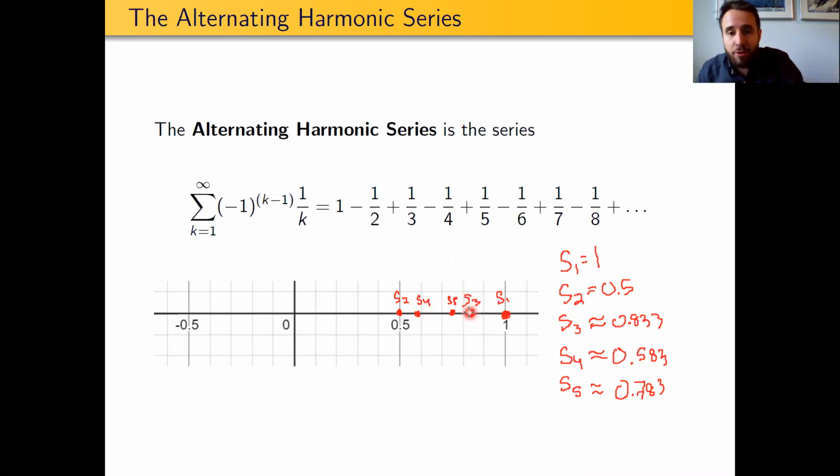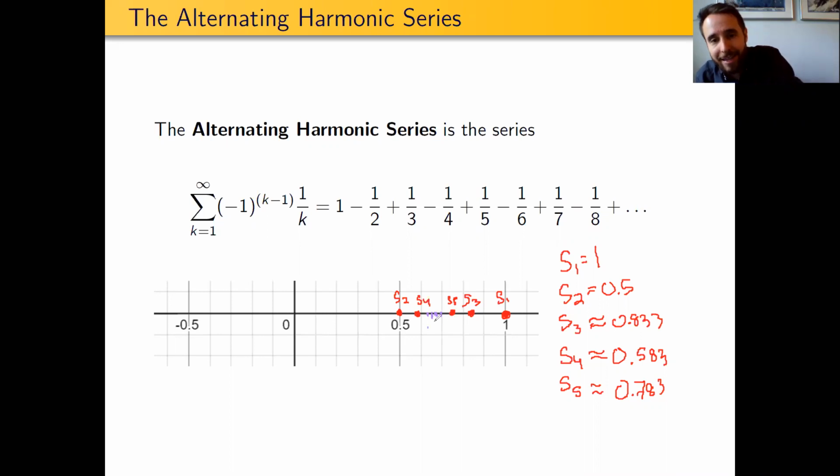To go from S sub 3 to S sub 4, we subtract an entire fourth. We go back to S sub 5, we add on a fifth. And so we're not quite going all the way back up. So you can imagine, as I continue adding and subtracting these different terms, I'm going to get terms that keep bouncing in and bouncing in, never quite escaping or getting past the previous two terms.